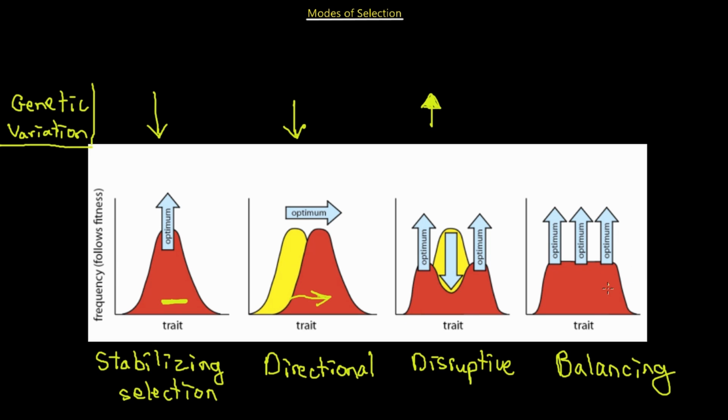So you've got extreme right, extreme left, and middle all favored. They're all going to thrive. That's balancing selection, where all babies, small, average, large, are all going to be surviving equally. In this sense, the genetic variation is maintained. So there's going to be no change. It's just going to be the same.